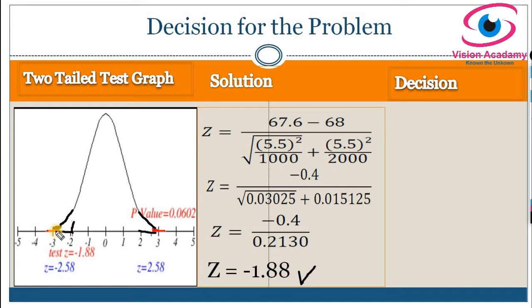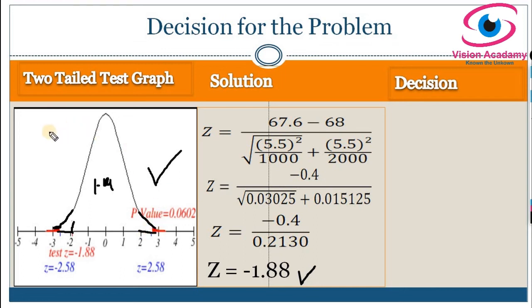But our rejection region is the red shaded area, and this is the point where our test value falls. So our test value is falling in the non-rejection region, which means you are not going to reject the null hypothesis. You are going to retain the null hypothesis.